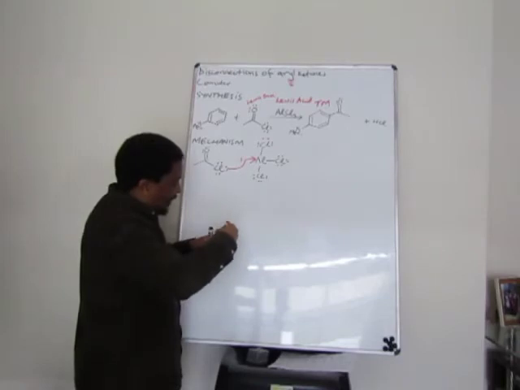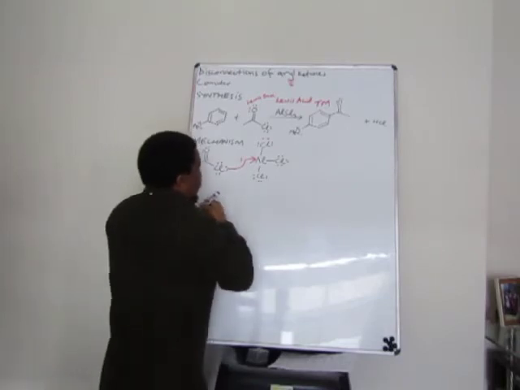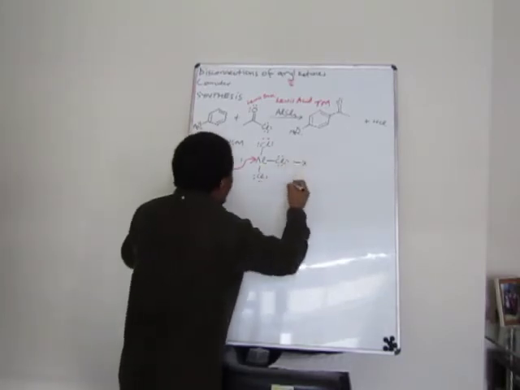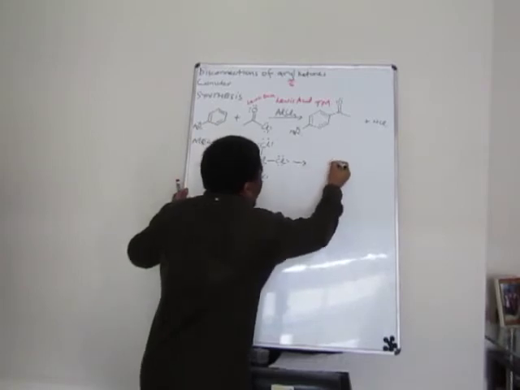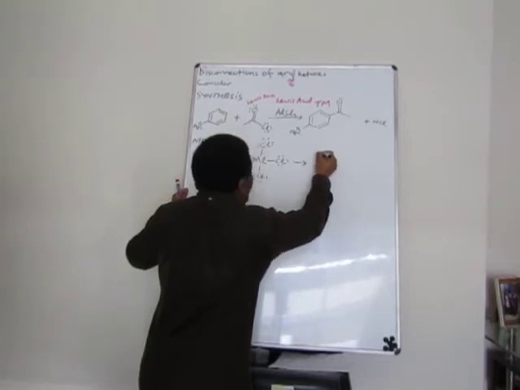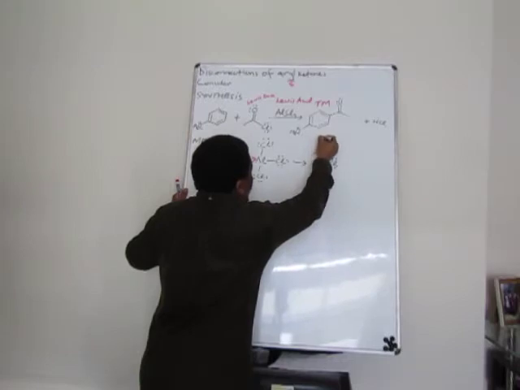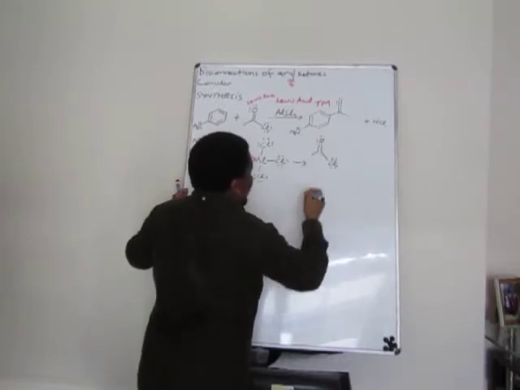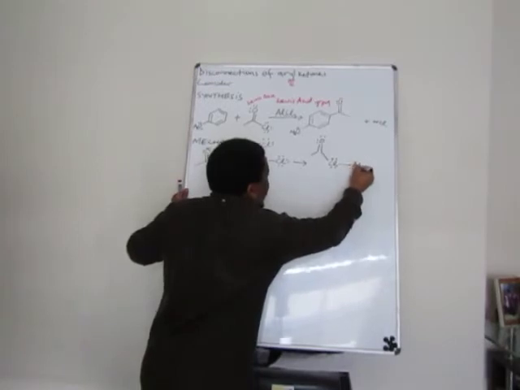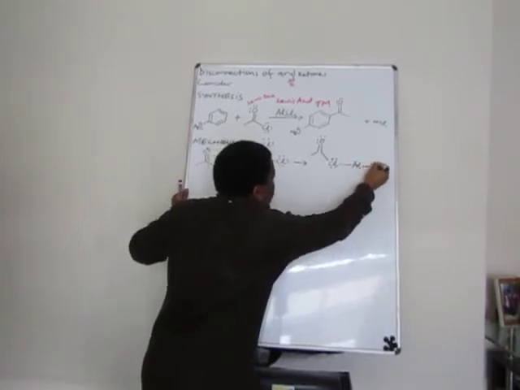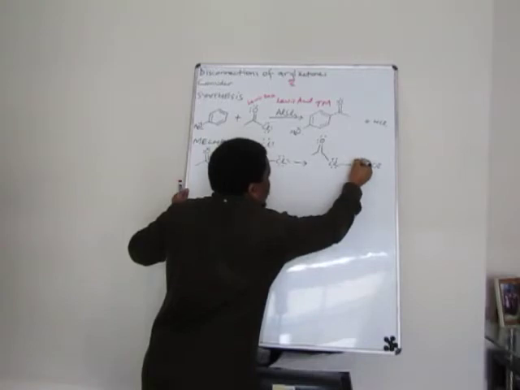Then you generate a complex here. You generate a Cl bonded to C double bond O, and a new bond to Al, bonded to the 3 Cls that were in there.